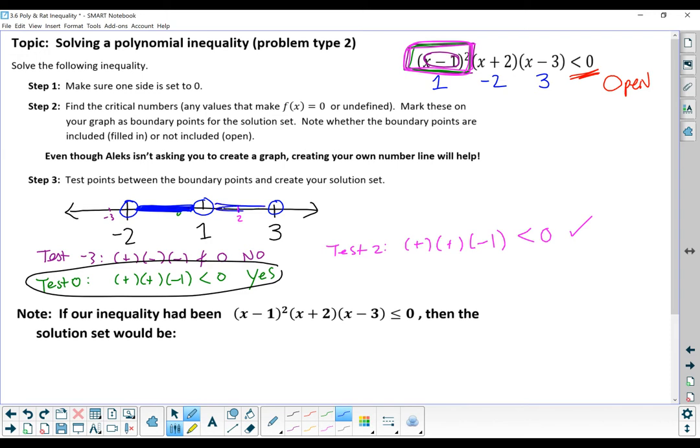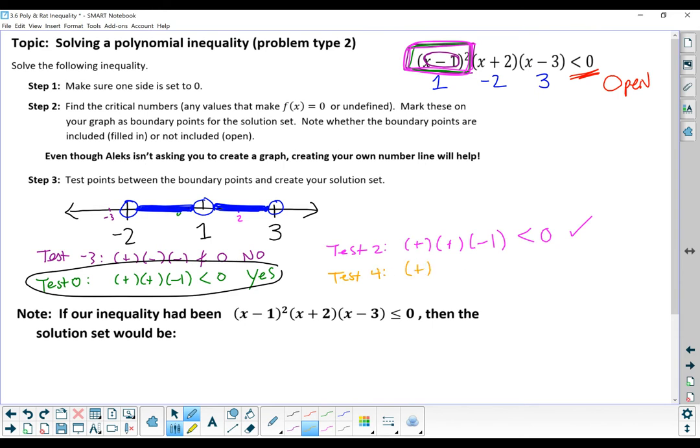So you can see right here, it did not alternate. It's those two in a row. The last region would be, we need an integer that's greater than 3, so I'll test the number 4.